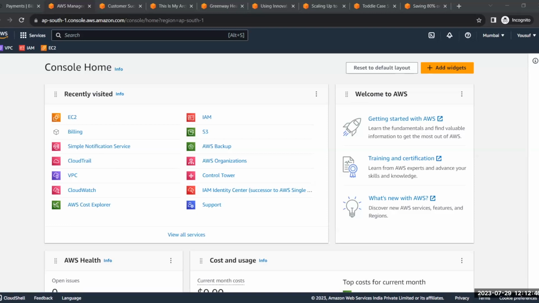Whatever is already there in the AWS infrastructure, in the AWS tenancy, you make sure that all those things are running fine and all the services are working as expected. That is business as usual. Whatever is there should be running fine.